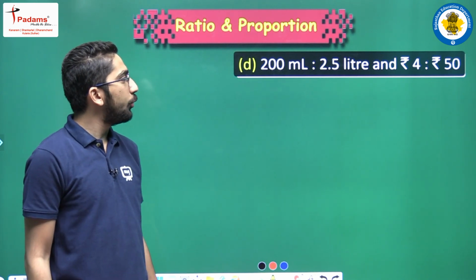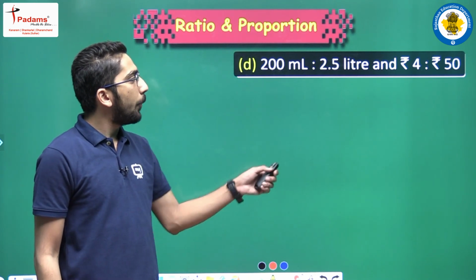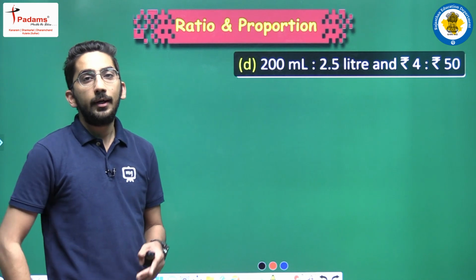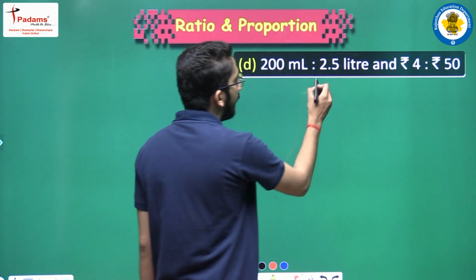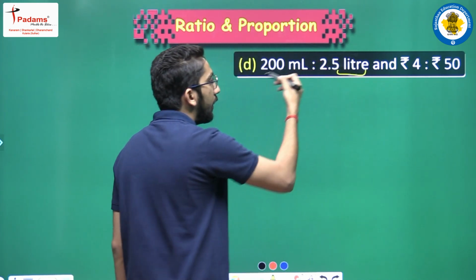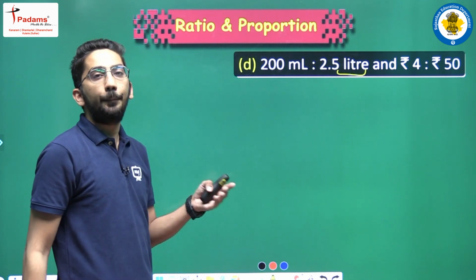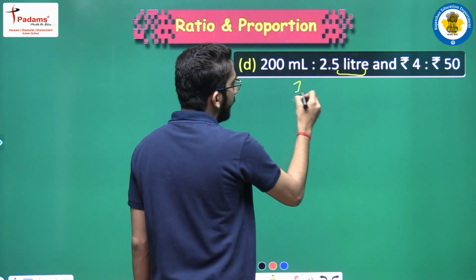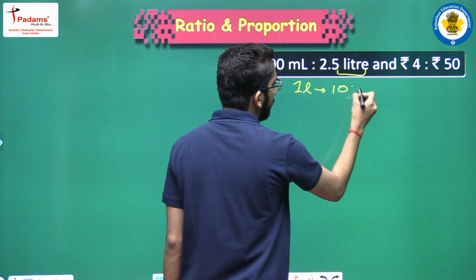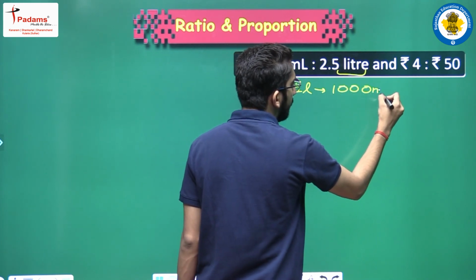200 ml is to 2.5 लीटर एंड ₹4 is to ₹50. तो स्टूडेंट्स अगेन सबसे पहले मैं क्या करूंगा, 2.5 लीटर को मिलीलीटर्स में कन्वर्ट करूंगा. And we know that 1 litre is 1000 milliliters.